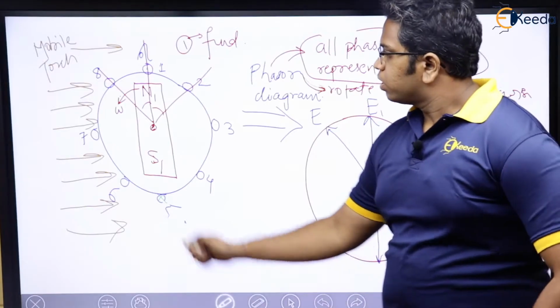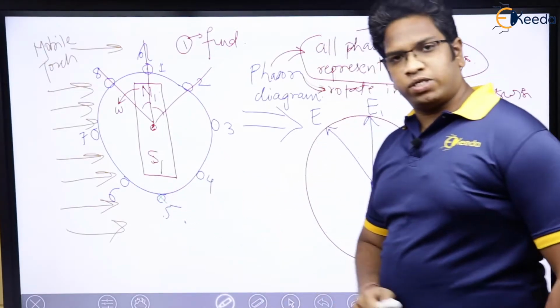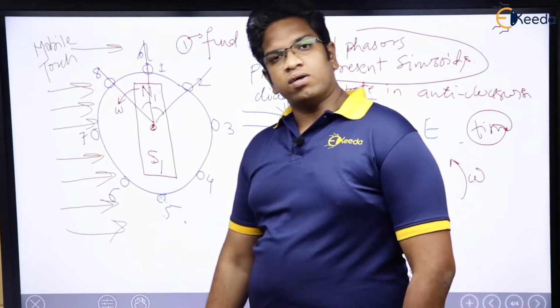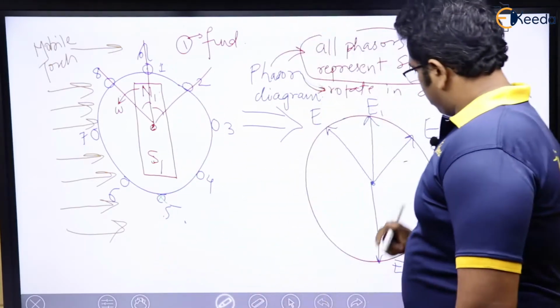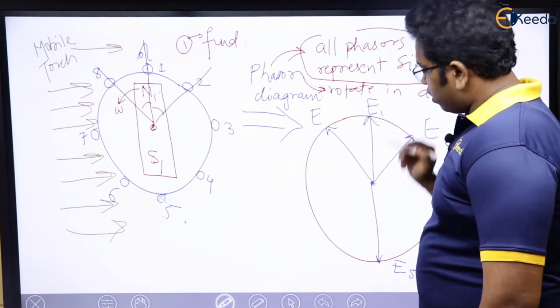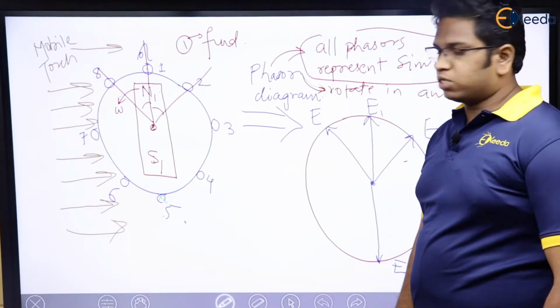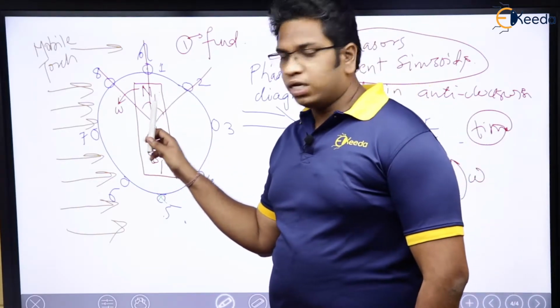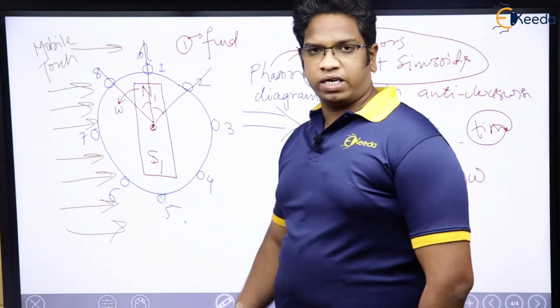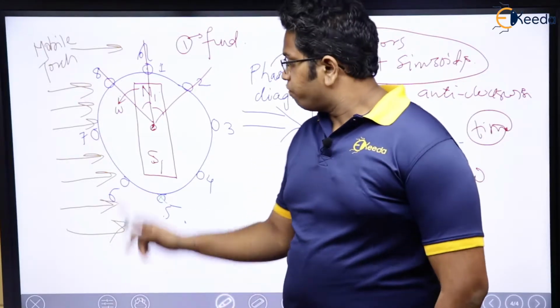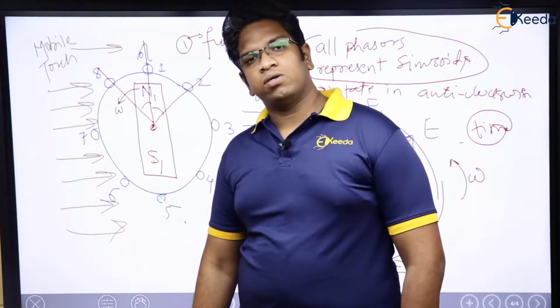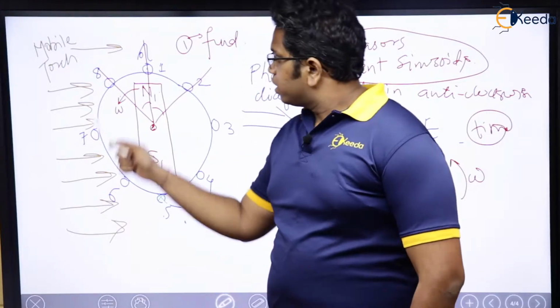See here. Initially, N1 was here, S1 was here, and E1 was positive maximum. When these field poles rotated by 45 degrees, what happened here?